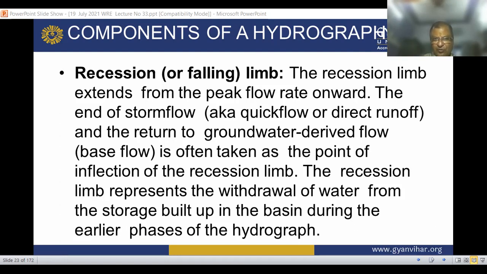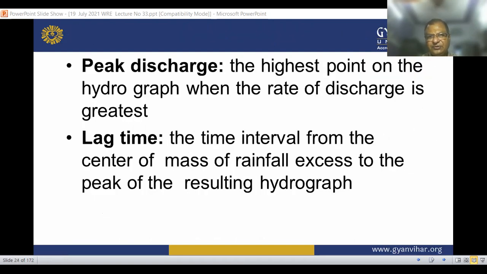So base flow is often taken at the point of inflection of the recession limb. The recession limb represents the withdrawal of water from the storage built up in the basin during the earlier phase of the hydrograph.